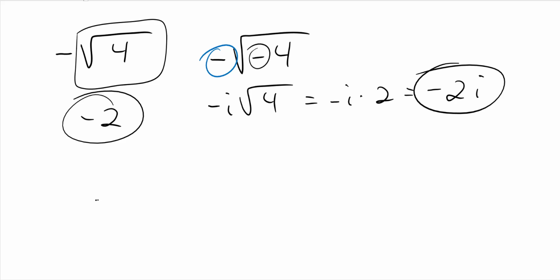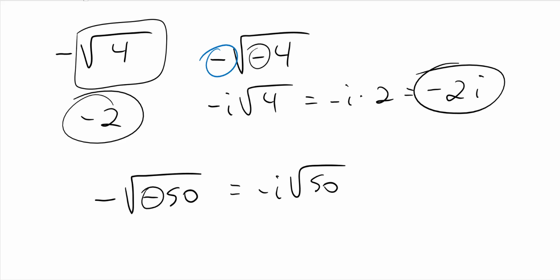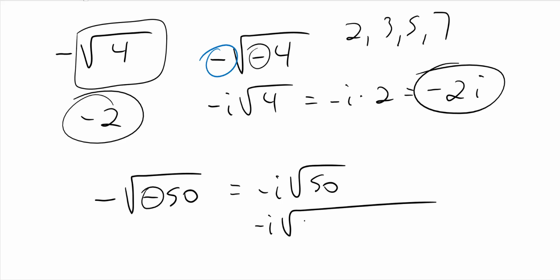So, if I said negative square root of -50. Okay? Got to deal with that. So that's negative i square root of 50. And now we got to deal with the square root of 50. And remember, 2, 3, 5, and 7. Okay, you can divide by 2, and you get 25.